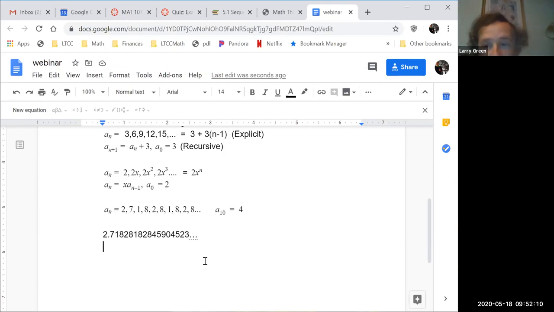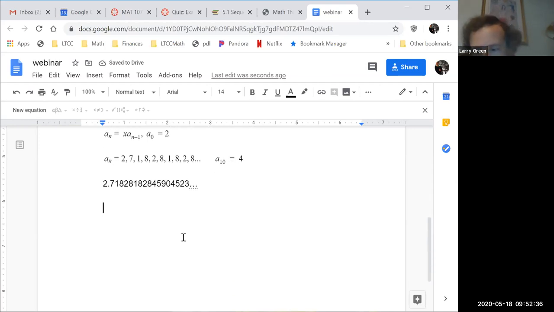This is a very important sequence: it's the sequence of digits of e. Hopefully you know in calculus that was a pretty important number. It may feel like a 1 comes next, and it feels like a pattern, but it actually doesn't have a nice pattern. But it is an important number. Any questions on this example of a sequence? There are other sequences. I want to give you another one that is important and comes up in lots of applications that you might have seen before. Let's write it out.